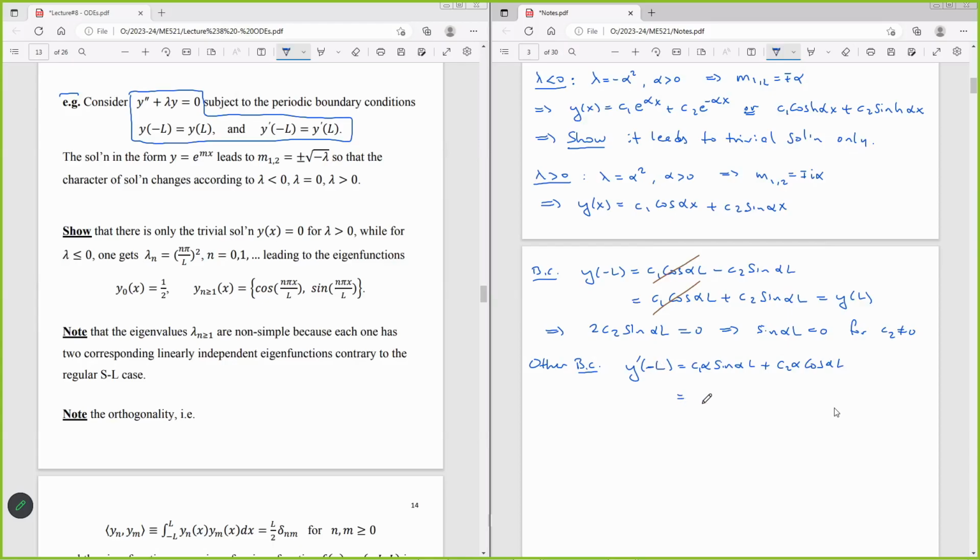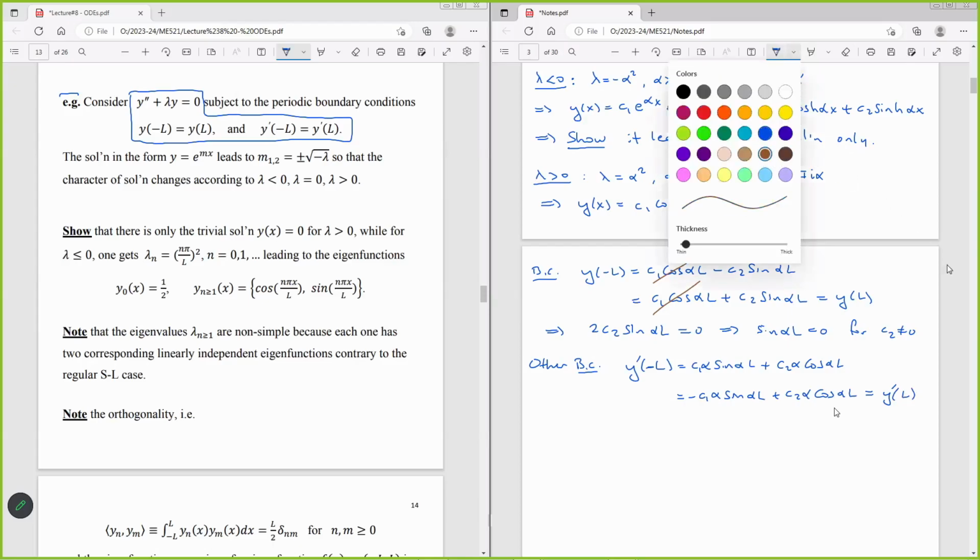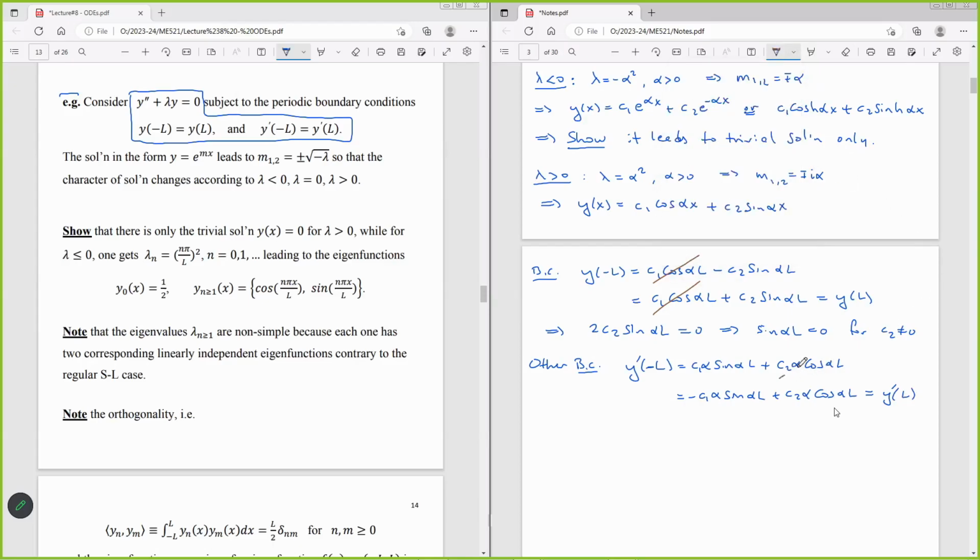So this is all at minus L, right? For plus L, this will be minus, and this will be that, right? Just check if there's any algebraic mistake here. Well, these two cancel, right?